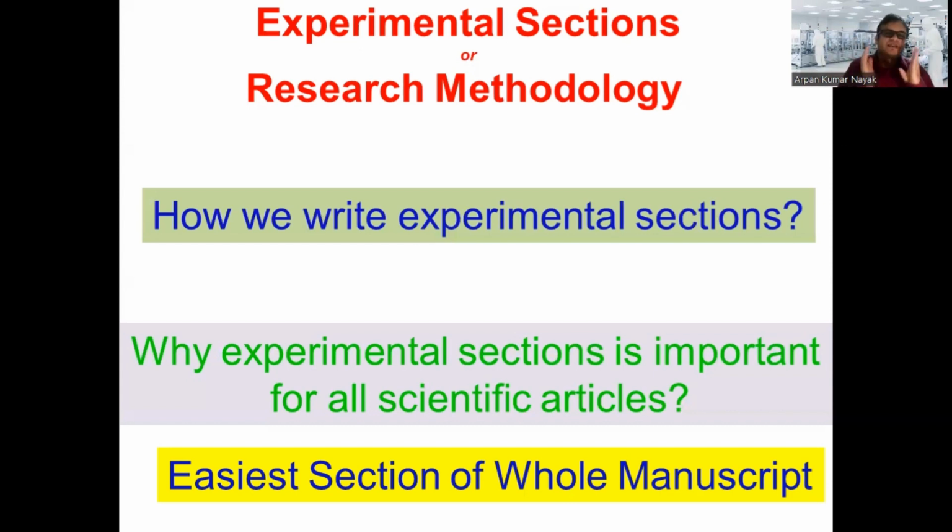If you want to understand any particular work, you have to come to this key part, that is, the experimental section or research methodology. There they try to incorporate all the data so that another researcher can reproduce the same. That's why this is the key of your research.